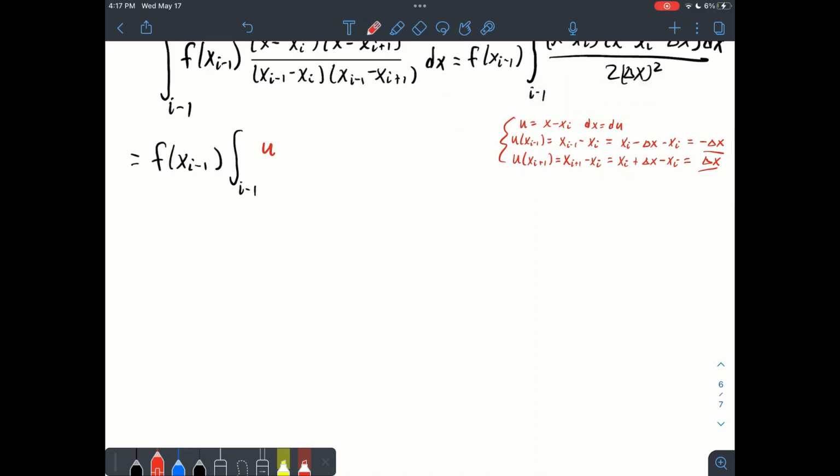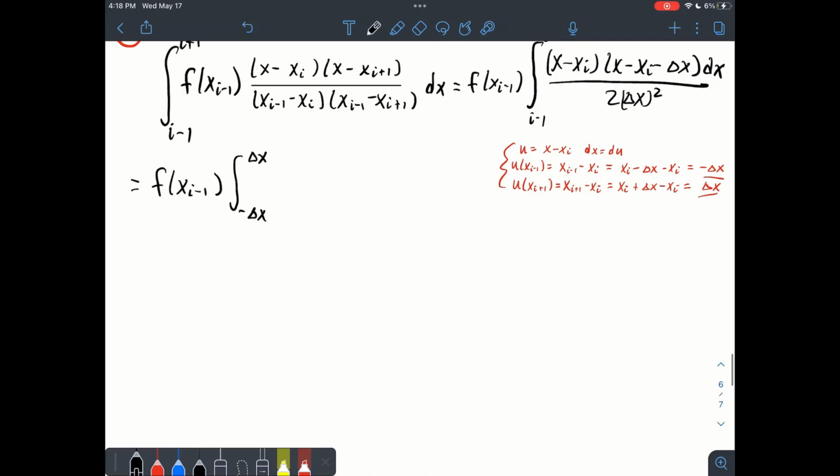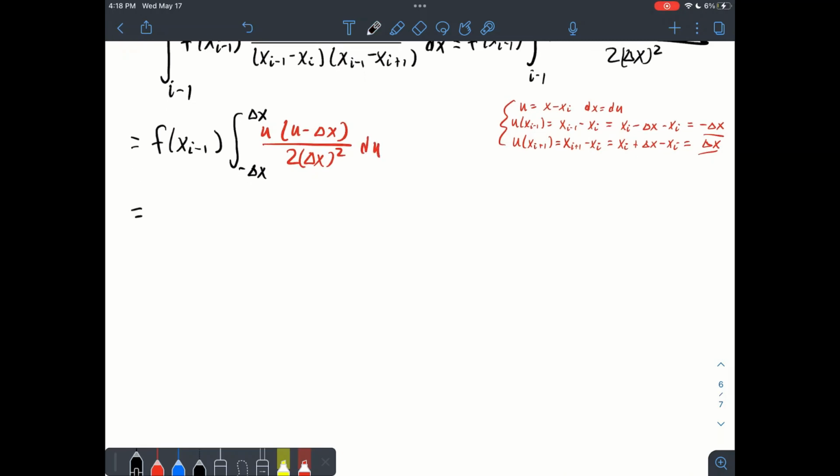So we have, what do we have? We go from negative delta x to positive delta x, and then we have u times u minus delta x over 2 delta x squared du. Okay, so let's finish the problem.